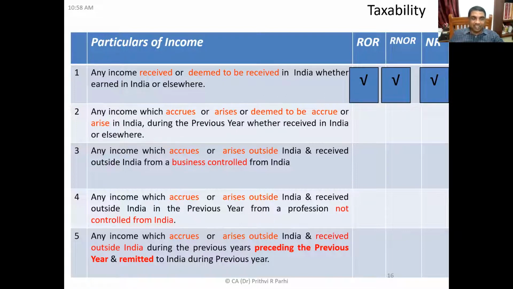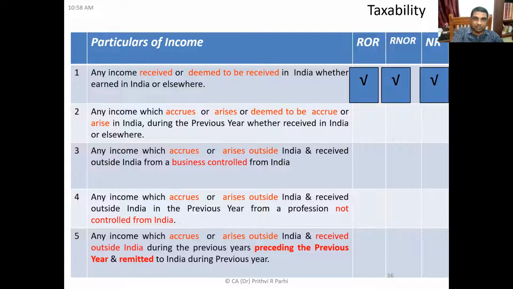Now, second, please read the second point. Any income which accrues or arises or is deemed to accrue or arise in India during the previous year, whether received in India or elsewhere. So here it is talking about income accruing or arising or deemed to accrue or arise in India. Please tell me, it is taxable for whom?